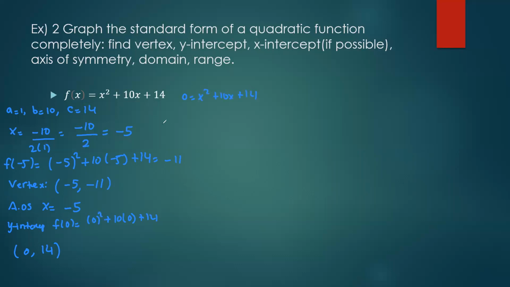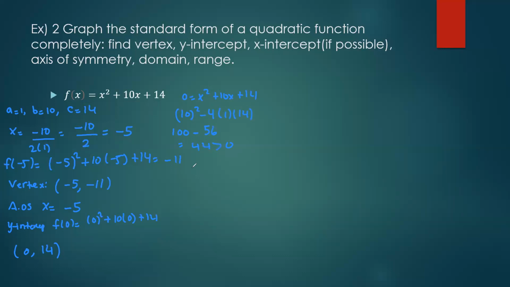Well, first let's determine if we have any, so discriminant rule: b squared minus 4ac. So b is 10, minus 4 times a is 1 and c is 14. So that's 100 minus 56, which is 44. So it's greater than 0, so definitely we have two x-intercepts. Let's find them.